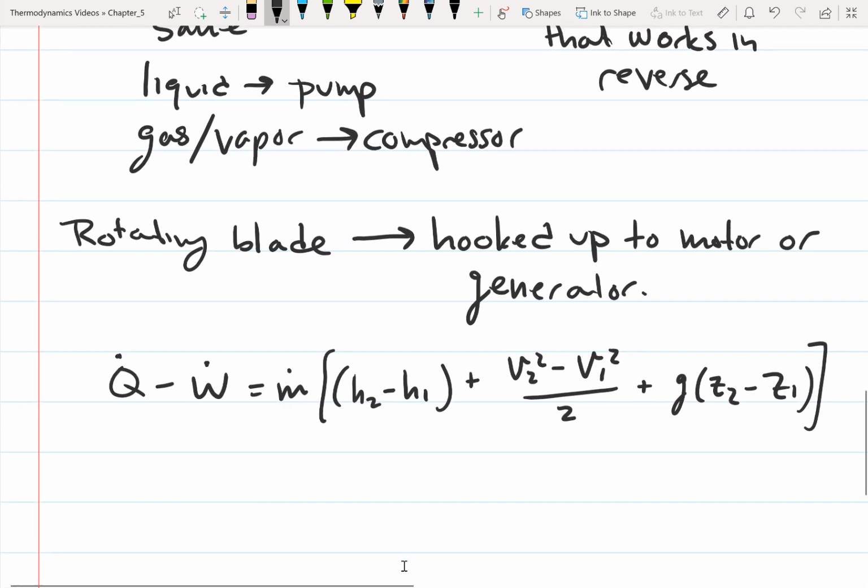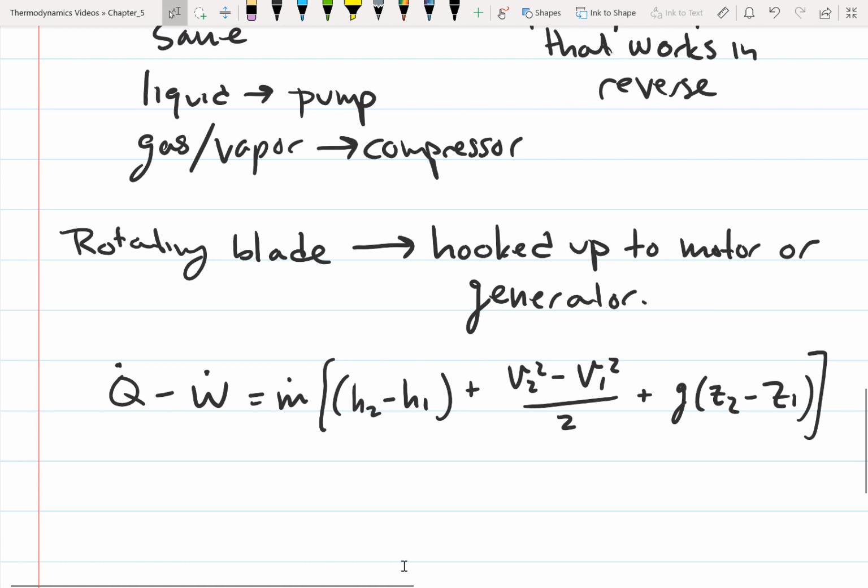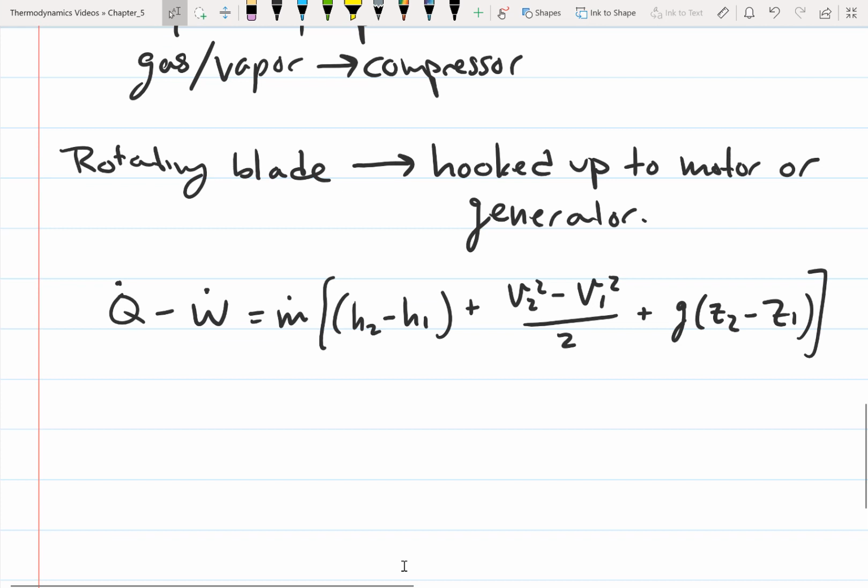And so let's look at some of these terms. First of all, our work is not going to be 0. We're either going to have work in or work out.